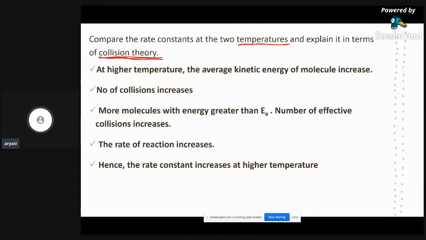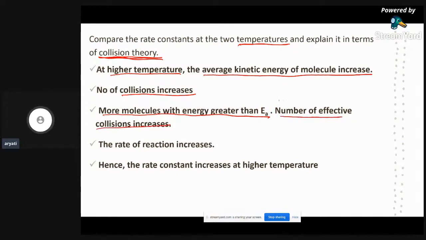So as we know that at the higher temperature, the average kinetic energy of a molecule will increase. So the number of collision will increase. So at the higher temperature, more molecule will gain energy greater than activation energy. So number of effective collision will be also increase.